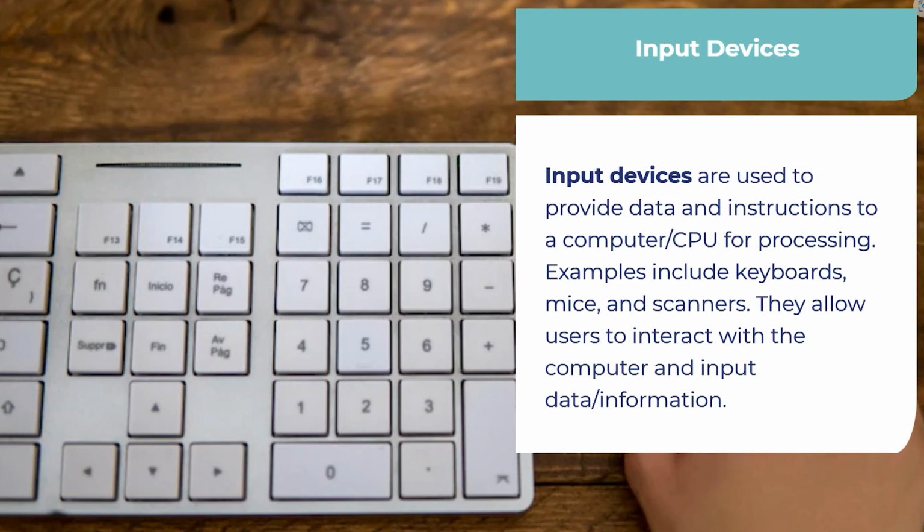And if you type on this keyboard 7, 8, 9, that's going to be sent to your CPU for processing. So that makes this keyboard an input device. Messages are going into the computer from these types of devices.